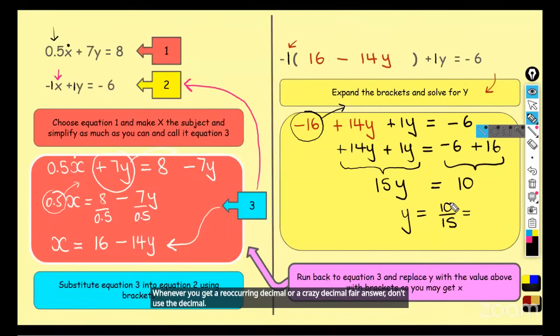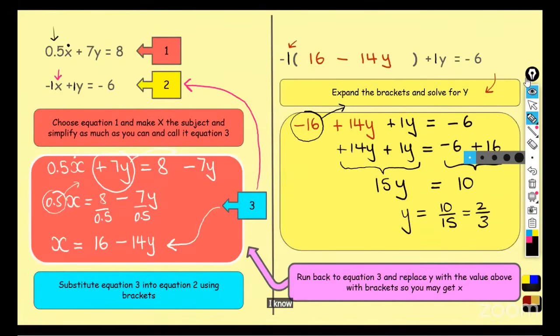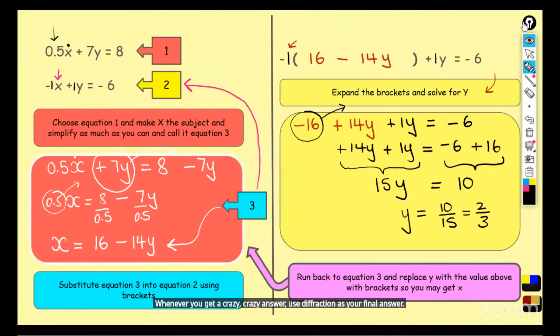We know 10 over 15 is the same thing as 2/3 or 0.666. I know this is just advice to keep the examiner happy. Whenever you get a crazy, crazy answer, use the fraction as your final answer. Don't state the crazy decimal. Nobody likes to see crazy decimals.